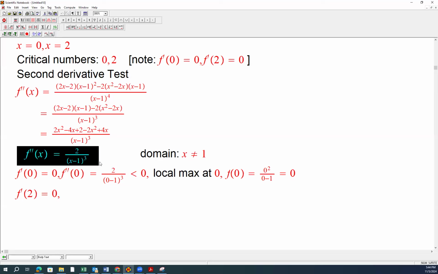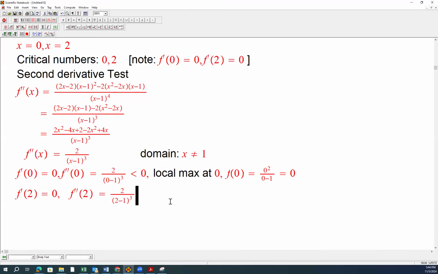The second one, the second order derivative at 2. 2 minus 1 is positive, and positive raised to the power of 3 is positive, so this is greater than 0.